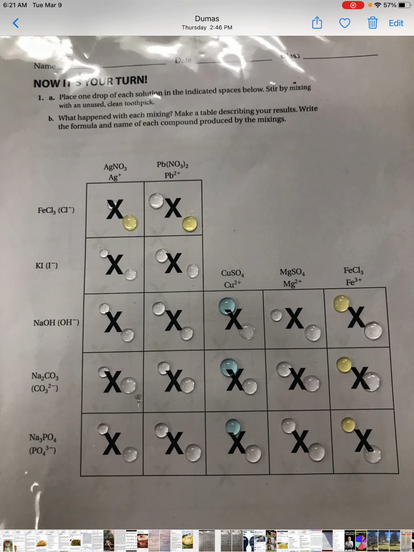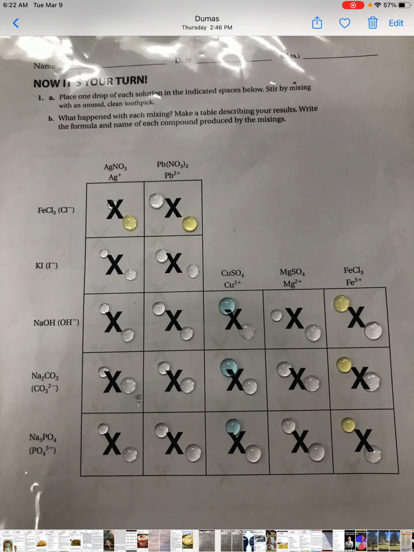And then in the third row, though there are fewer boxes, we added copper sulfate. You can see the light blue drops because copper ions have that characteristic blue color. Finally, magnesium sulfate followed by iron 3 chloride.